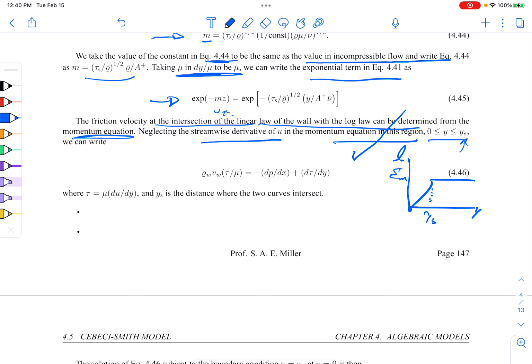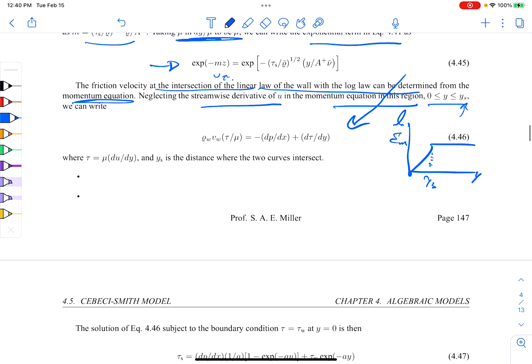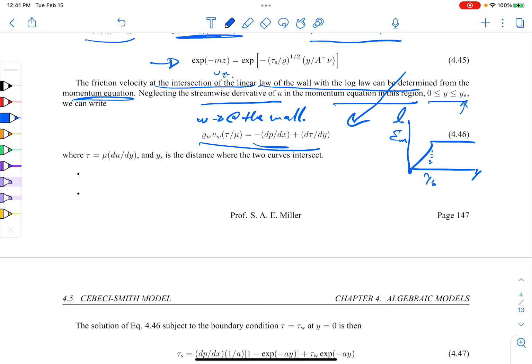Substitute that in 4.45, and I'll get this equation where w is at the wall. And you'll note that I have the appearance of a pressure gradient term here, which is important. So a few things to note.